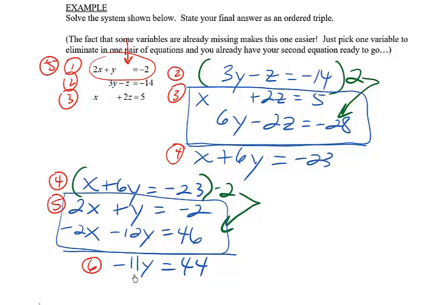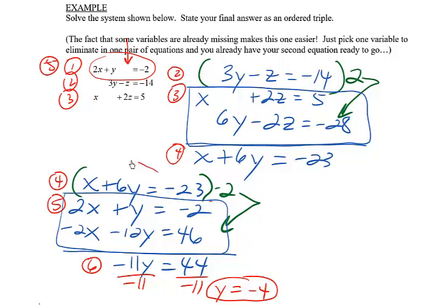That's the big finish equation because now there's only one letter left. I can easily solve for that letter, and I end up with y equals negative 4. Now that I have that one, I just backtrack my way through these other equations. X was the last one to go out, so it's the next one I'll find. I'll need to use either equation 4 or 5 for that.